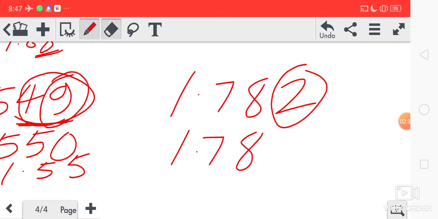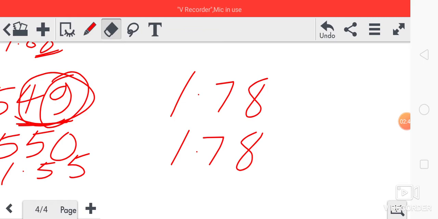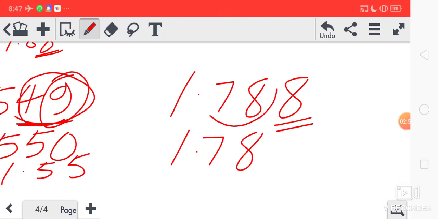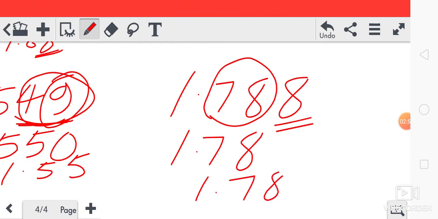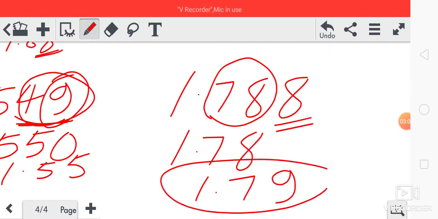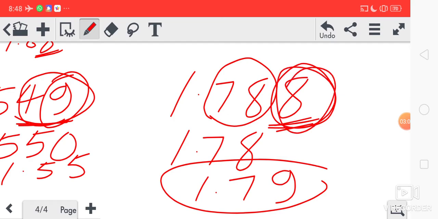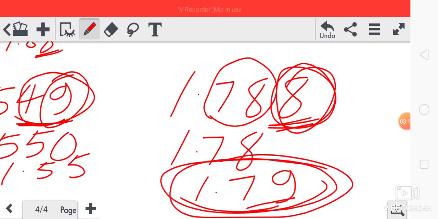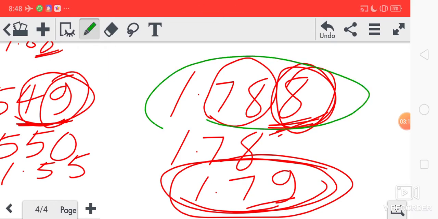If instead of this 2 there is, suppose, 8, then rounding off up to two decimal places, 1.78 will become 1.79. Why? Because this last digit is more than 5, so one digit will increase in rounding off. So for rounding up to two digits, we need 3 digits after the decimal.